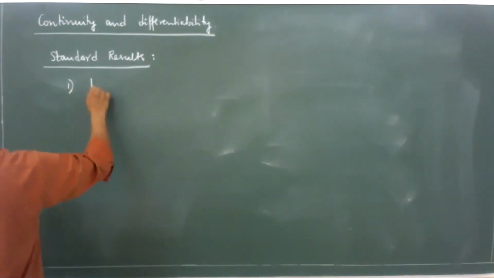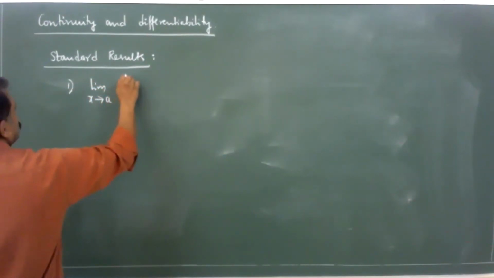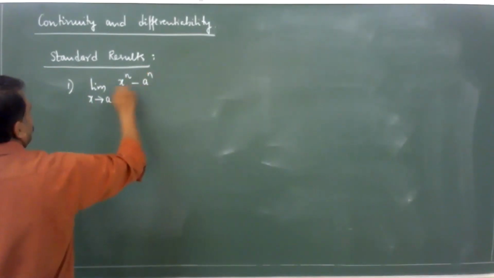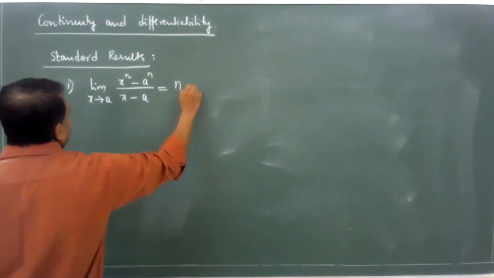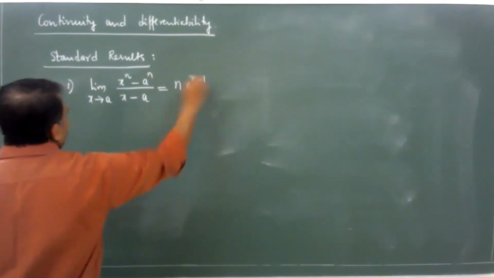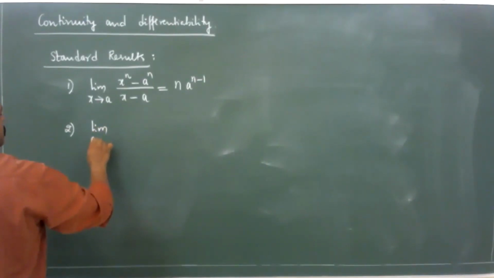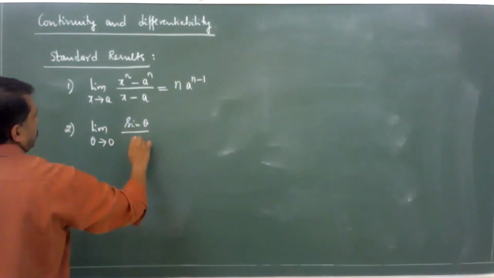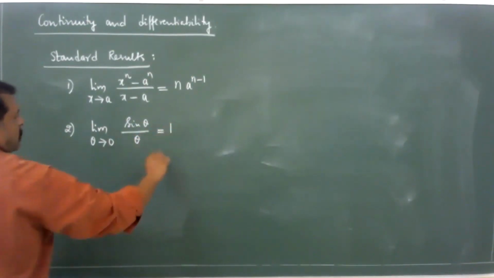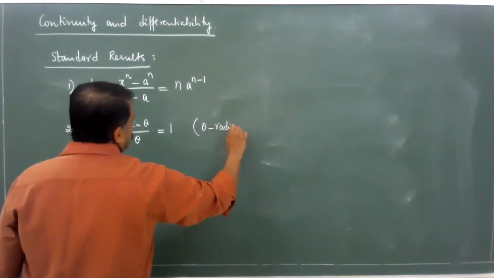First one: limit x tends to a, x to the power of n minus a to the power of n divided by x minus a is equal to n a to the power of n minus 1. Then limit theta tends to 0, sin theta divided by theta is 1, where theta is measured in radians.